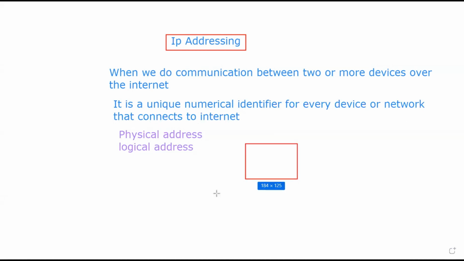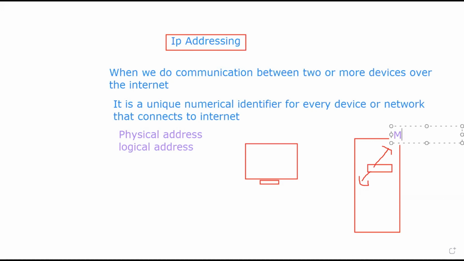This is our system, this is our CPU, which has a slot for a LAN card. The LAN card has a unique address known as the MAC address. The MAC address is our physical address.